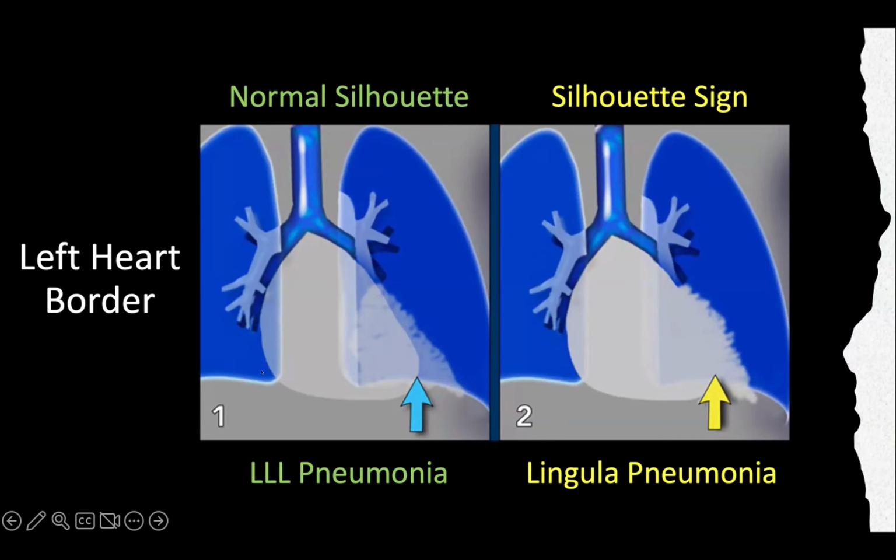What is bordering the right heart is the right middle lobe and not the right lower lobe. If we have an abnormality, for example, in this scenario in the left lower lobe, then what should be silhouetted is the diaphragm, if that abnormality extends all the way to the diaphragmatic aspect of the left lower lobe. So in this, we know the silhouette sign because the abnormality was in the lingula and the heart border merges with the abnormality, not anymore sharply demarcated.